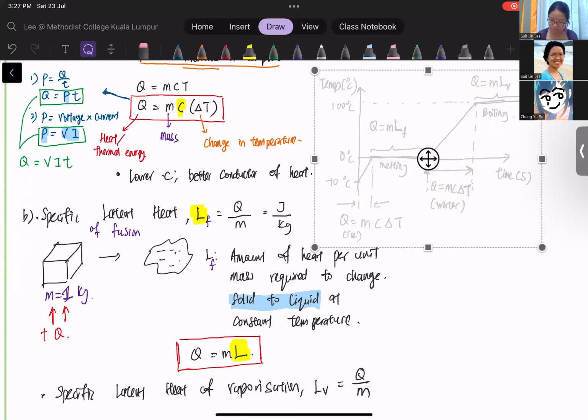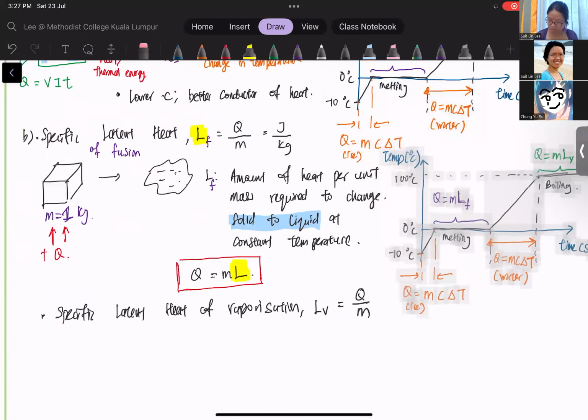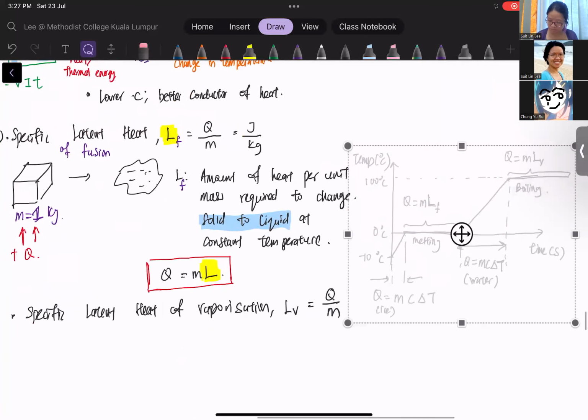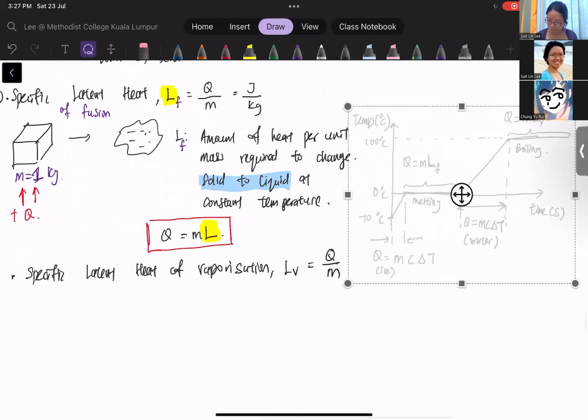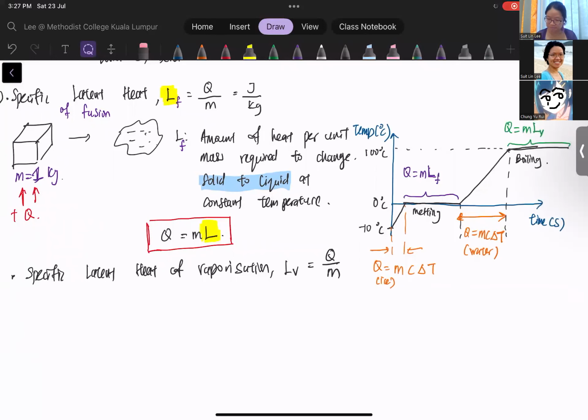Let me pull this down. Okay, it's good enough. Draw a line. So you want to define LV.